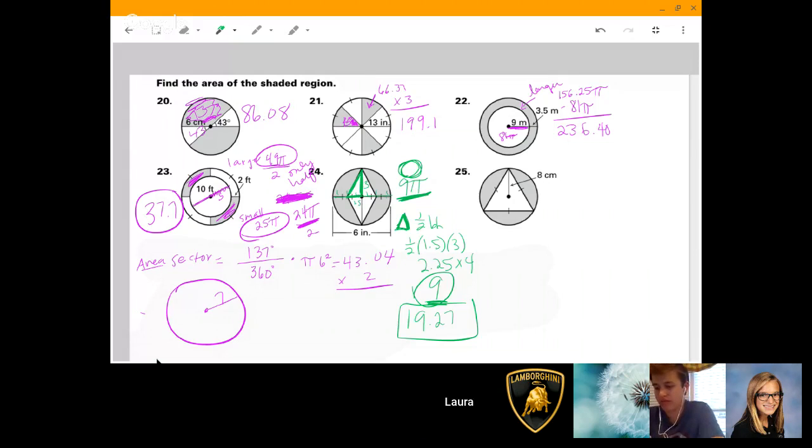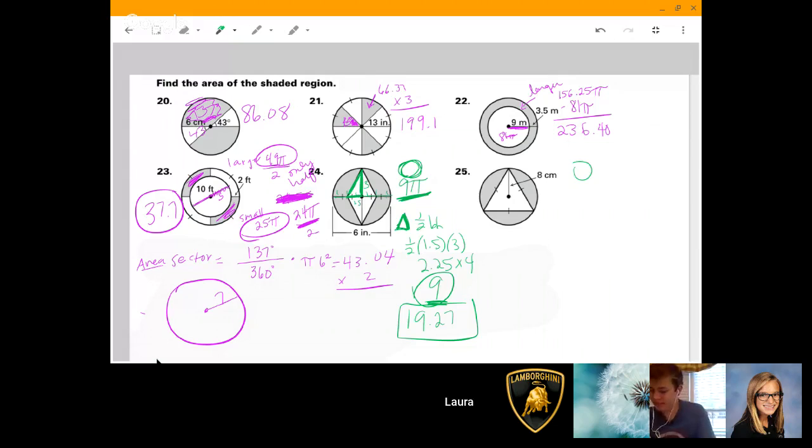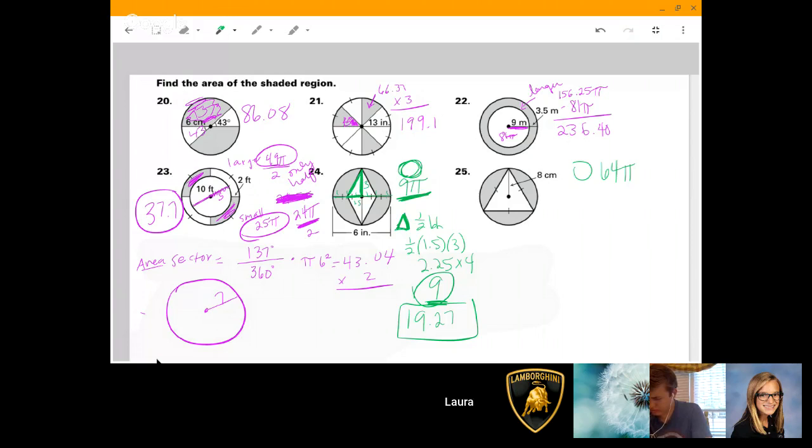Let's see. For the whole circle, what would be the area? 64 pi. And how are you going to get the circle? Well, this one, I feel like they're trying to make you jump ahead to something.